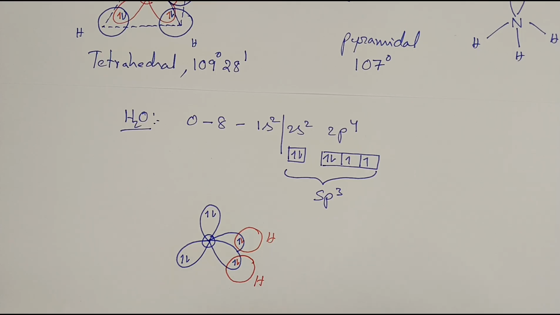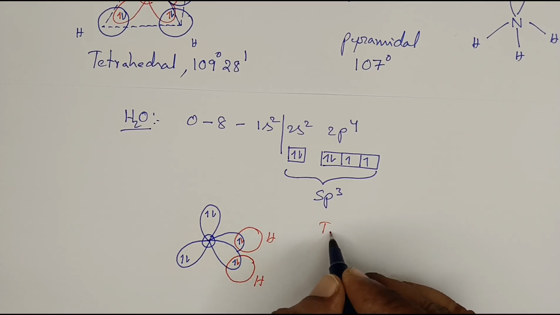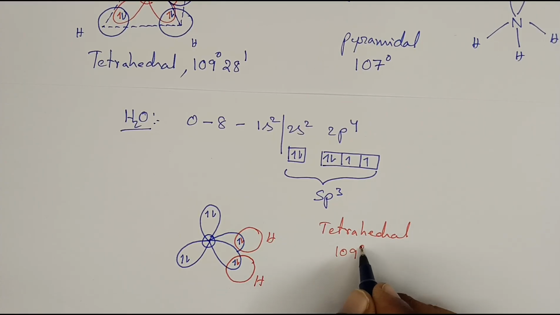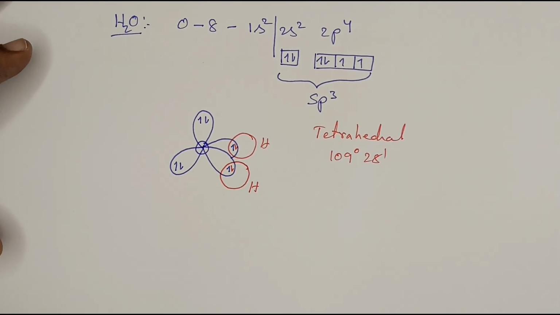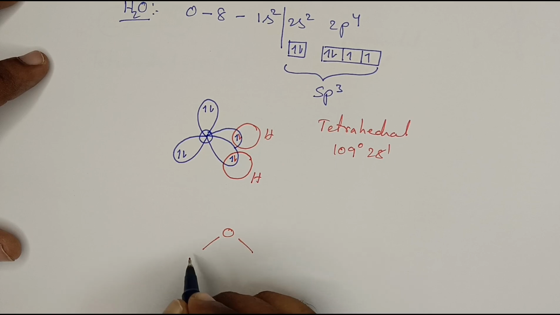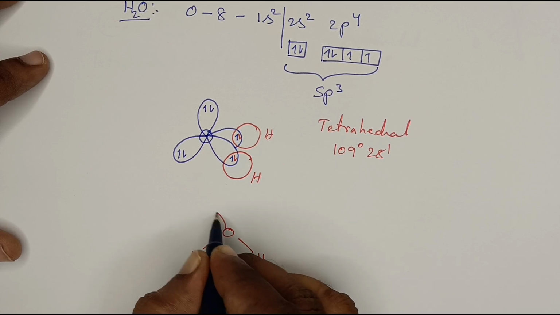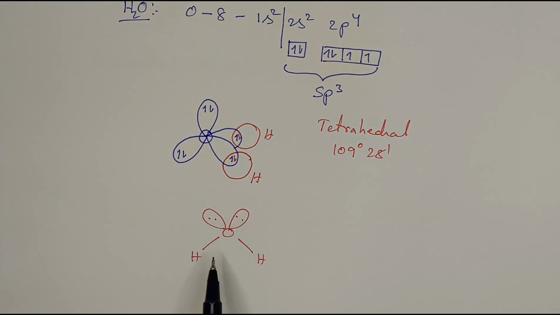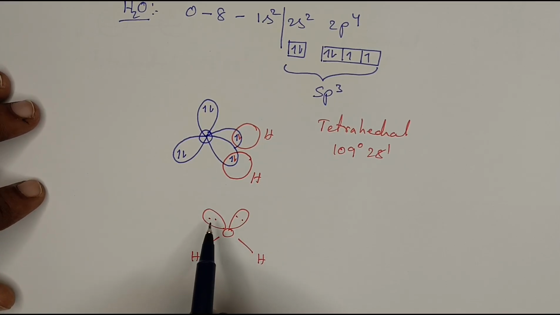According to hybridization, the shape of the molecule should be tetrahedral and the bond angle should be 109 degrees 28 minutes. We can write the structure of H2O as oxygen with two hydrogens and 2 lone pairs like this. These 2 are lone pairs, these 2 are bond pairs. According to VSEPR theory, in the H2O molecule there are lone pair repulsions and lone pair bond pair repulsions.